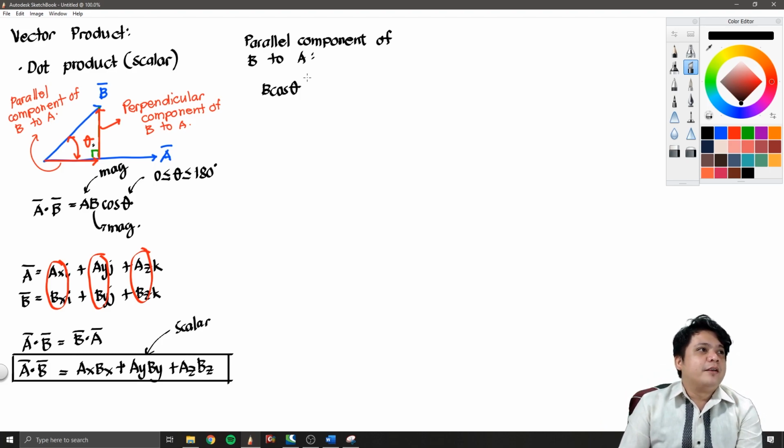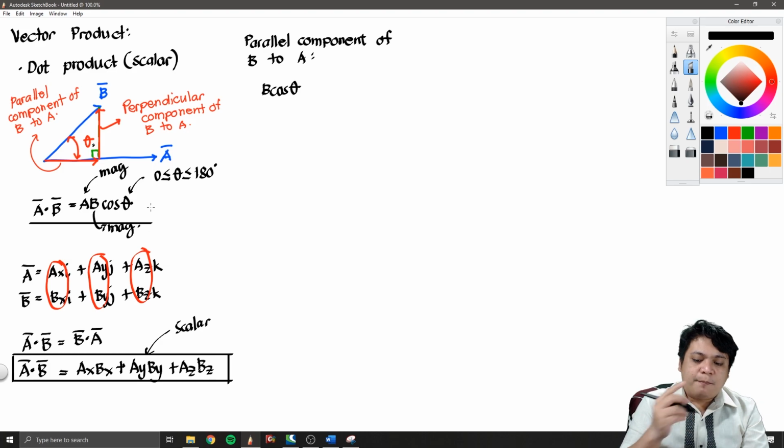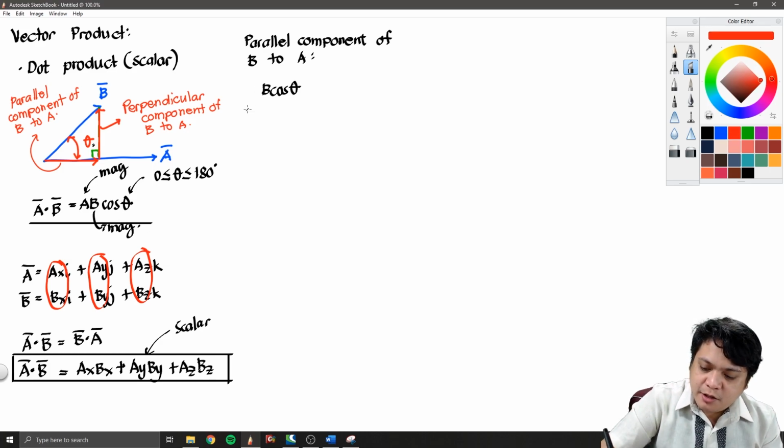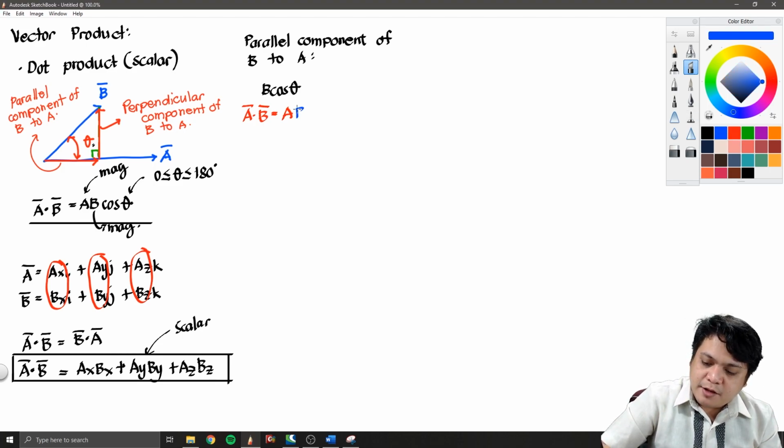Now, from the definition of our dot product, this is our definition: A dot B equals AB cosine of theta. Let me rewrite it. A dot B is equal to A, and then you will have here B cosine of theta.